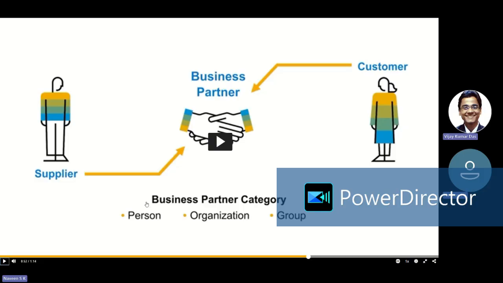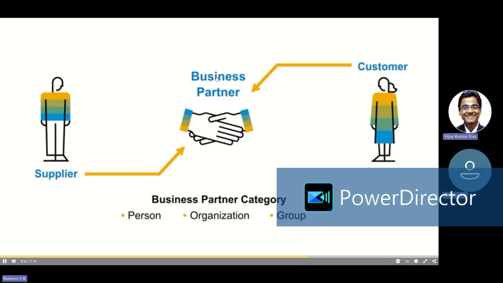While creating a group business partner, are we clubbing multiple vendors, suppliers or customers? No, these are multiple persons we are grouping. For example, the CEO, CFO, and CTO will be grouped together and created as one BP, so they all come under one business partner.